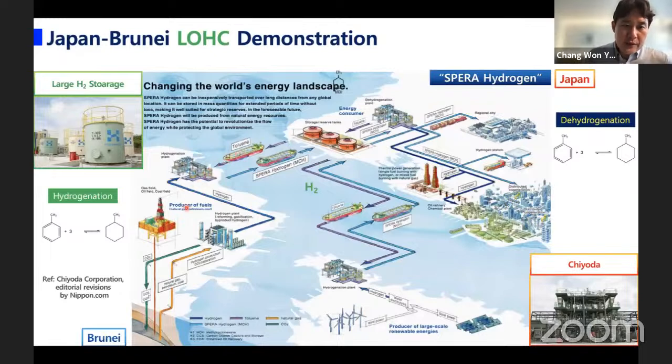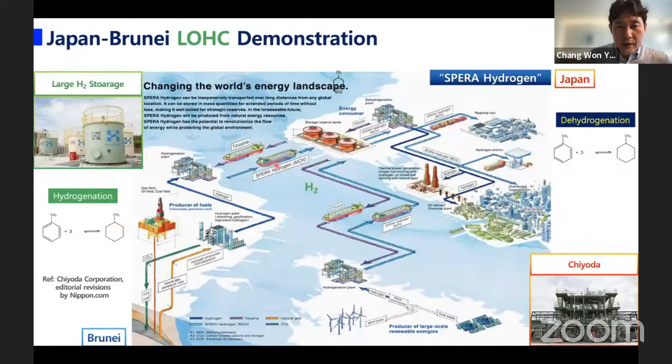And the hydrogen produced in Brunei will be stored by this chemical reaction, right? Toluene reacts with hydrogen produced at Brunei, and using this hydrogenation plant, they transform the toluene into MCH. This is a liquid, and this is a liquid.